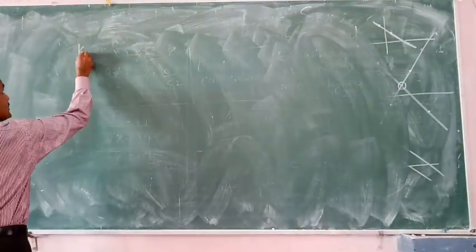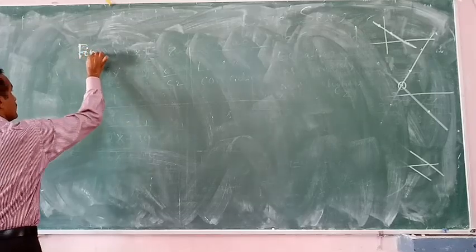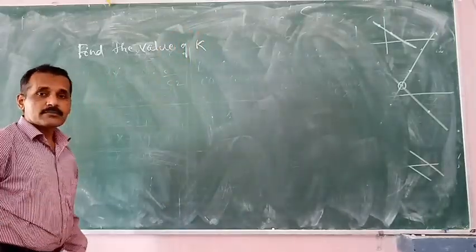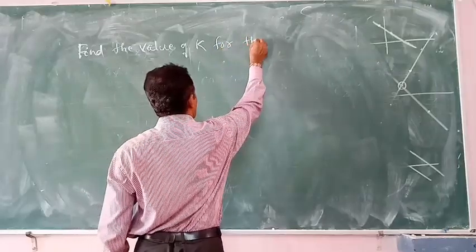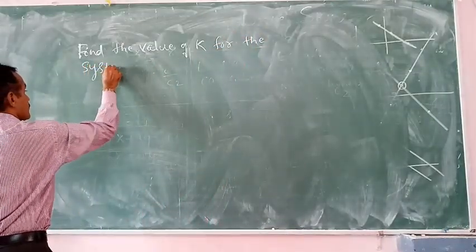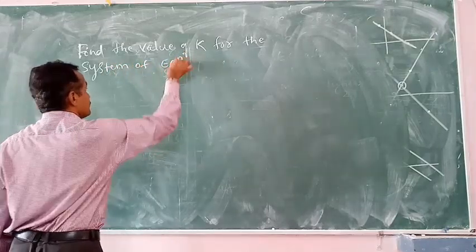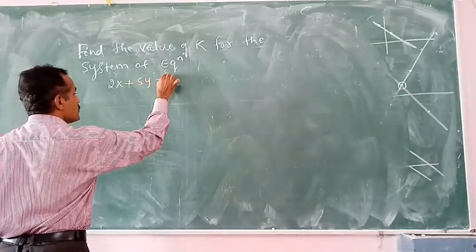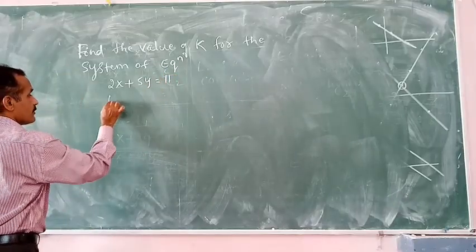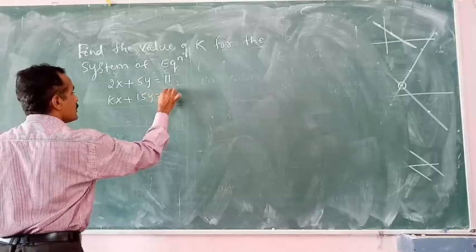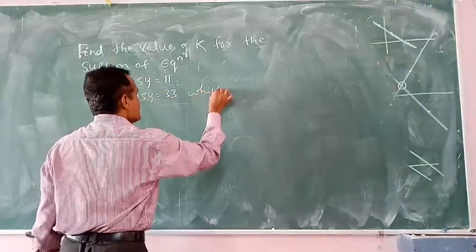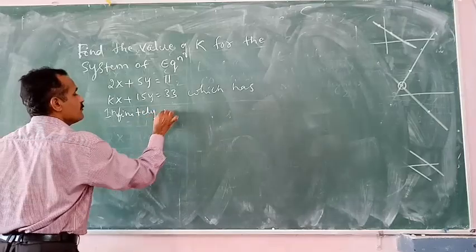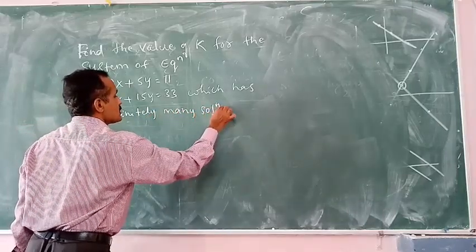See here. Find the value of k for the system of equations 2x plus 5y equals 11, kx plus 15y equals 33, which has infinitely many solutions.